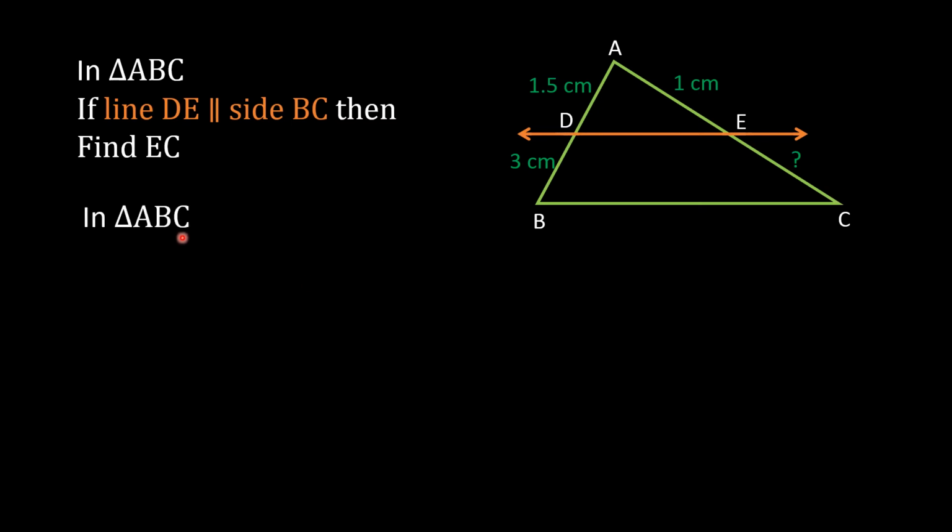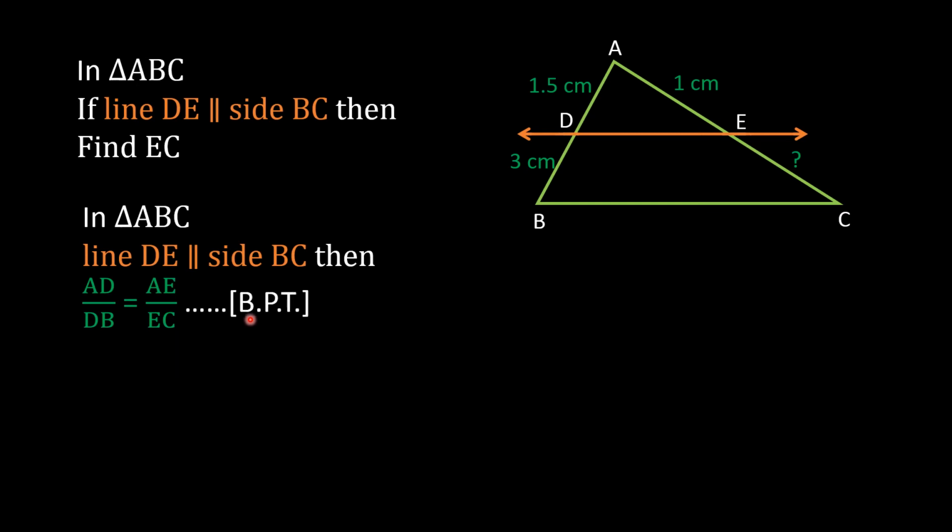Now in triangle ABC, line DE is parallel side BC. Then according to BPT, that is basic proportionality theorem, we have AD divided by DB equals AE divided by EC.